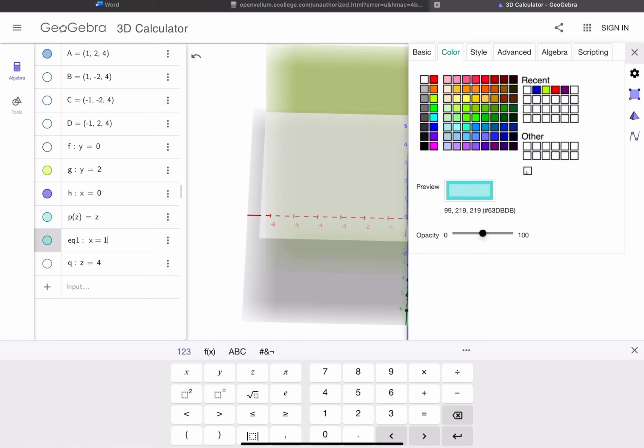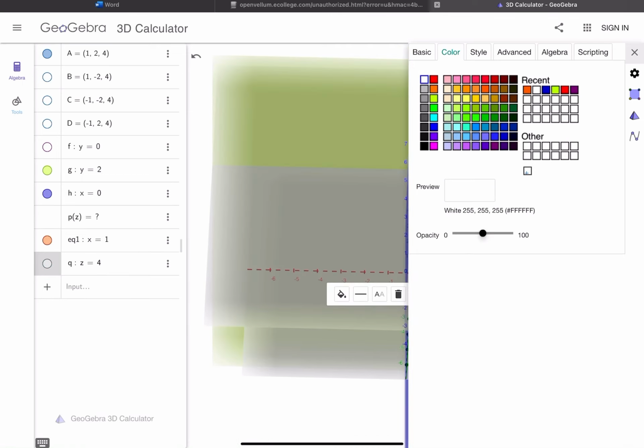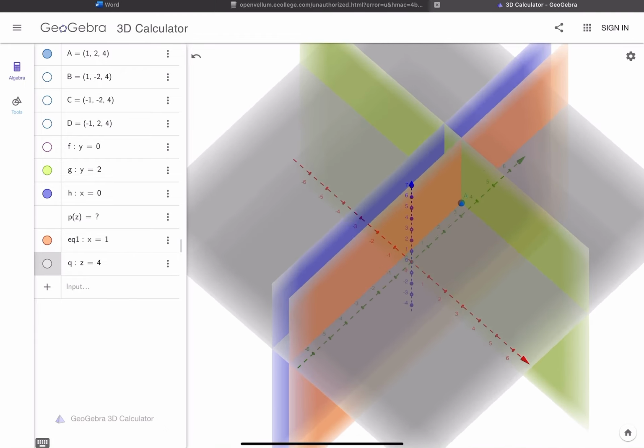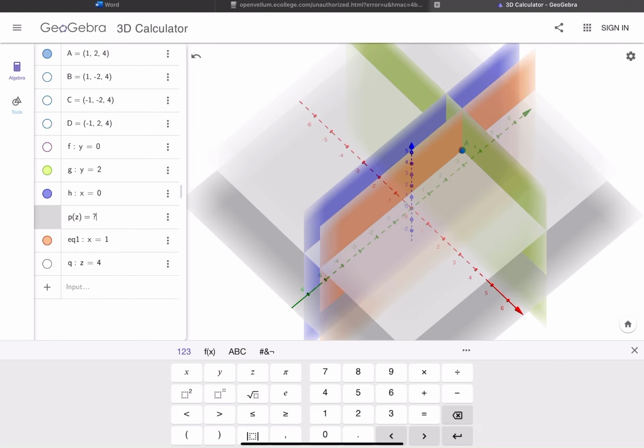And x equals 1, let's go with pink. Let's go with orange. We have our point 1, 2, 4. So we have y equals 2, x equals 1, z equals 4.